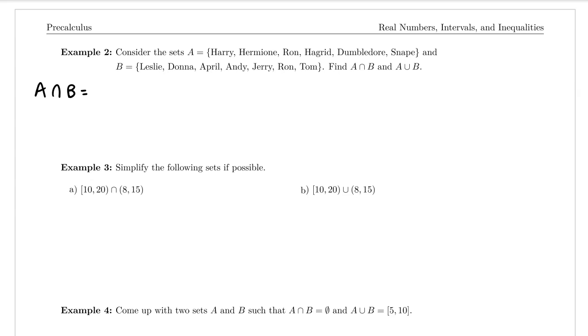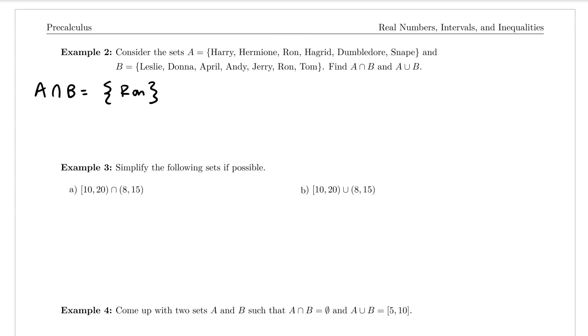The only element I see in common is Ron, in both sets. So the intersection of the sets A and B is the element Ron, or the set Ron.